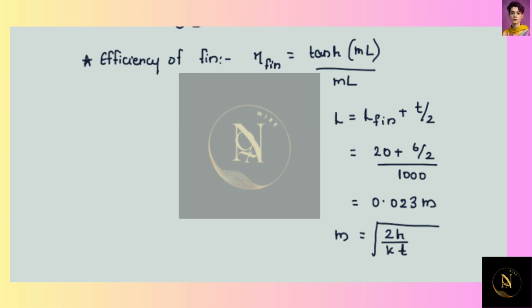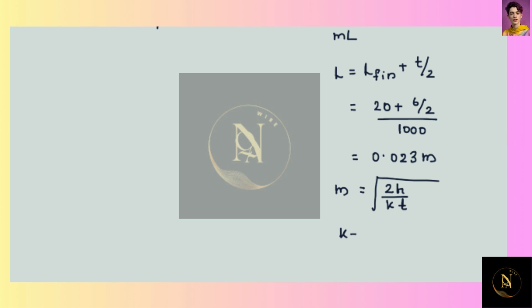In this case, the value of m is equal to square root of 2h divided by k into t. Here k represents thermal conductivity, and the thermal conductivity value is 16.2 watt per meter Kelvin for steel 304 grade.